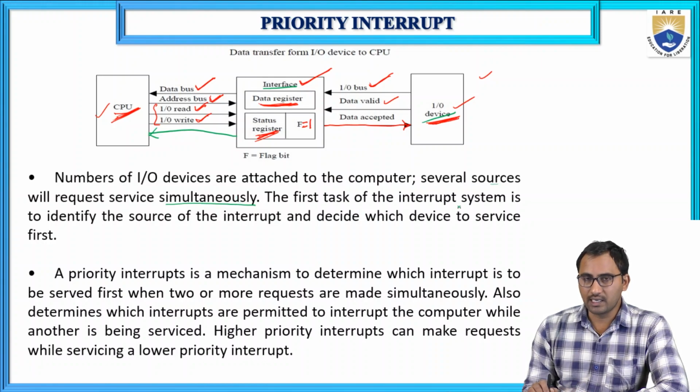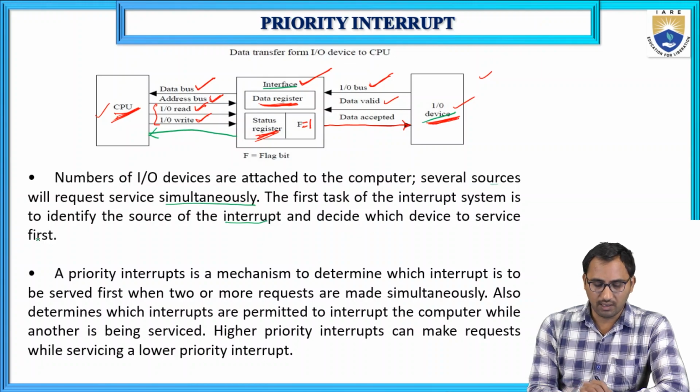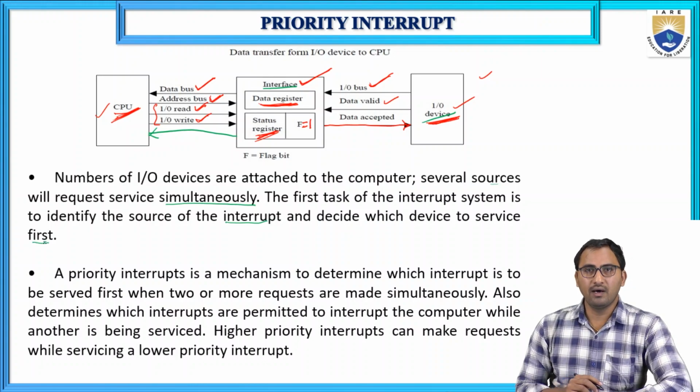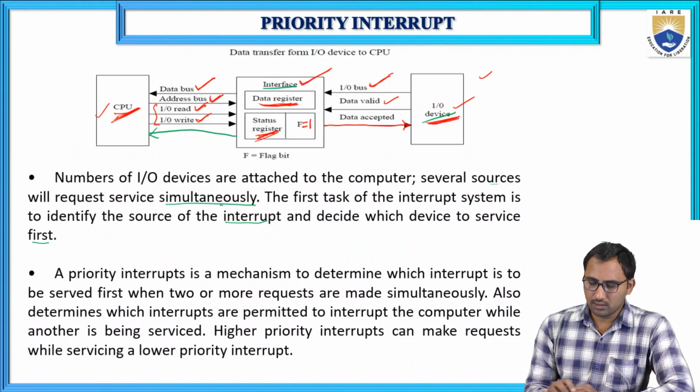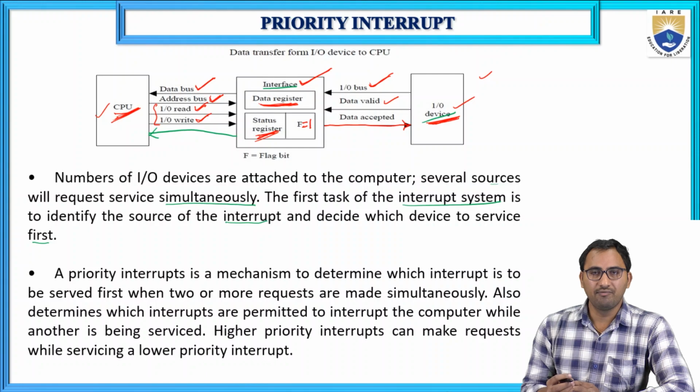So the first task of the interrupt system is to identify the source of the interrupt and then decide which device to service first. Suppose multiple interrupts are raised simultaneously to the CPU. The interrupt system first decides the source of the interrupt, that means from which device the interrupt occurred, from the keyboard, mouse, or some other memory device.